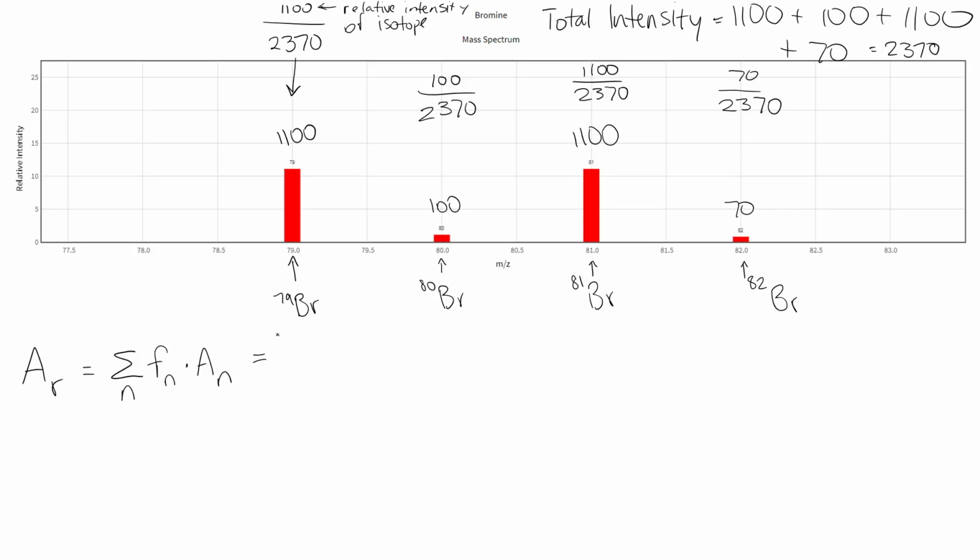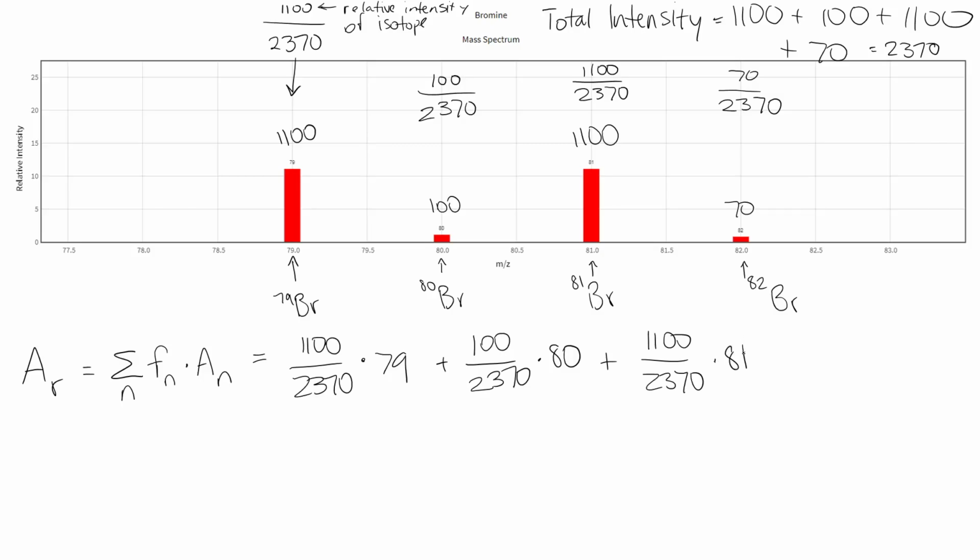For bromine 79, we have the relative fraction, 1100 divided by 2370, times its atomic mass, 79, plus 100 divided by 2370 times 80, plus 1100 over 2370 times 81, that's the fraction for bromine 81 times its atomic mass, and finally 70 divided by 2370 times 82.